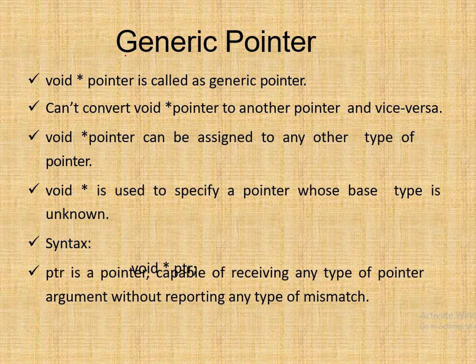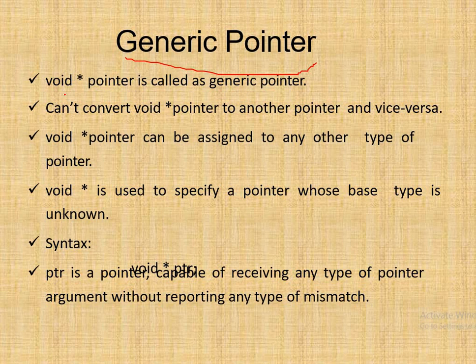Now come to a generic pointer. This is basically a void pointer. Previously we have seen that we declare the data type, which means the data type of the variable whose address is held in the pointer variable. But if we have declared a pointer variable of integer type and we want to store the address of a float variable, this will create a mismatch.